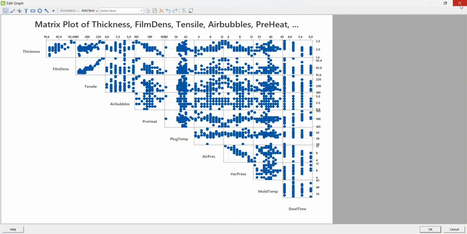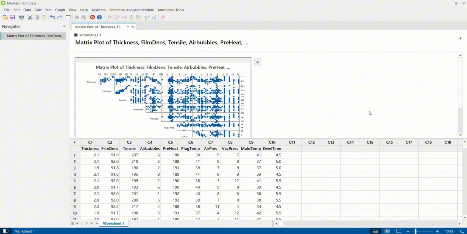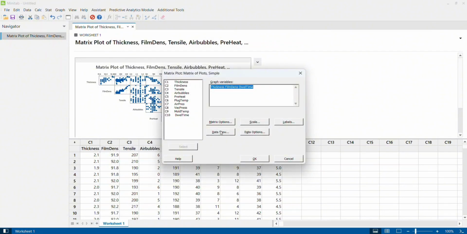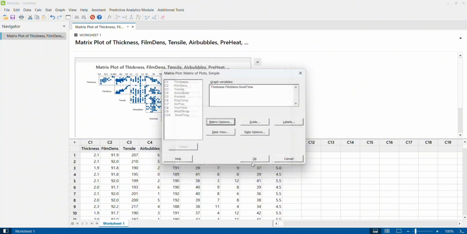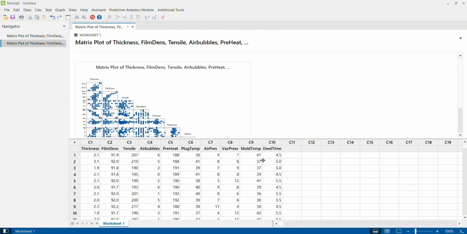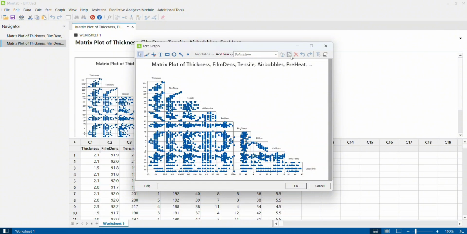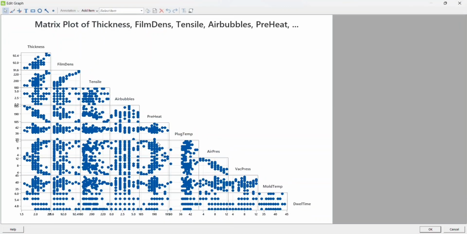However, in Minitab version 21, there is another graph on offer for us. Maybe to see how this graph looks, with the same matrix plot, if I select lower left, the graph will look something like this, where the axes would be slightly different. Again, it's the same graph, but here your thickness will be on this axis and you will have your film density here.